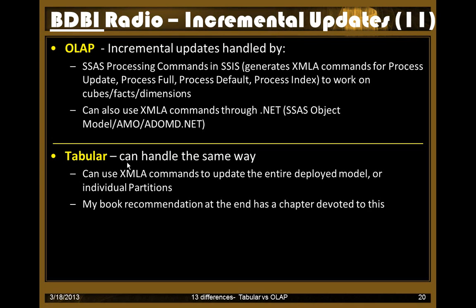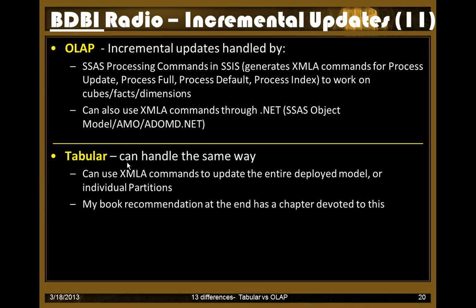It is a series of processing commands where we can do things like process update, process full, process index, process incremental, and we use those commands on different aspects of the cube. For instance, process update we use on dimensions. Process full and process incremental we use on fact tables.